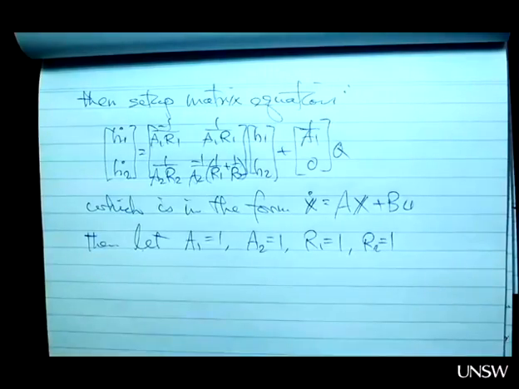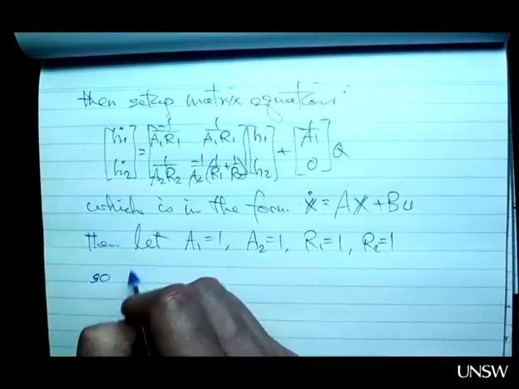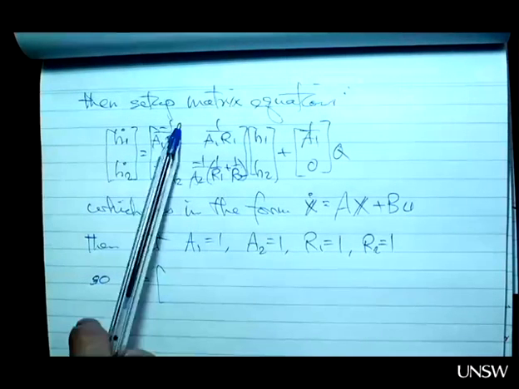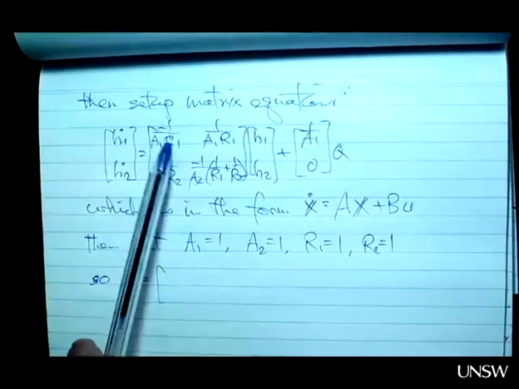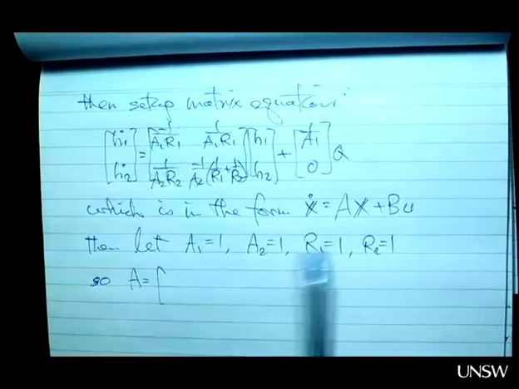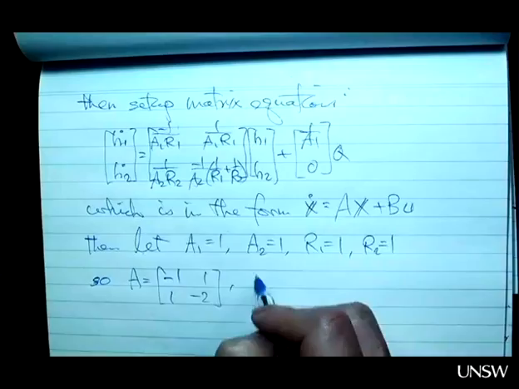Then we have A equals this one, the first row, first column element. All the numerator and denominator are 1, but with the negative sign. And then we have B equals 1 and 0.